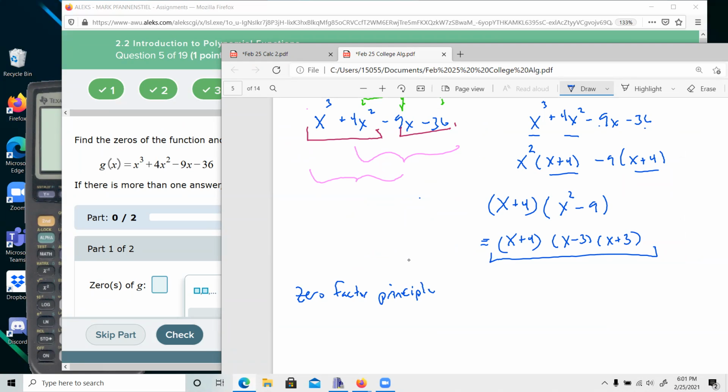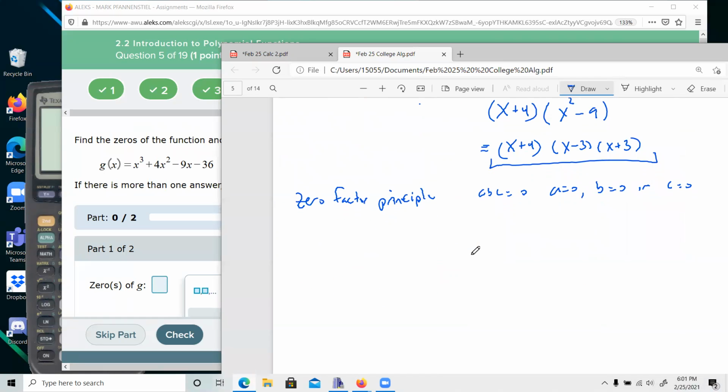We're just going to pull all these apart. If a times b times c is equal to 0, then a equals 0, b equals 0, or c equals 0. One of those things has to be true, or all three of them could be true. One of those has to be 0 for this thing to be 0. It doesn't work with any other number.